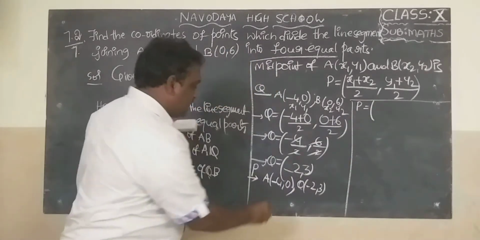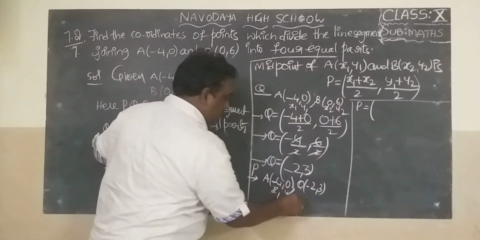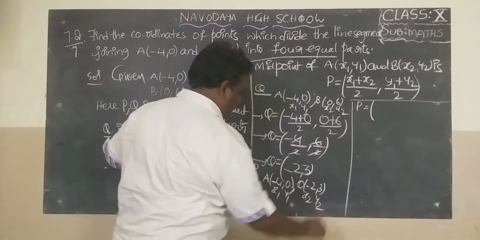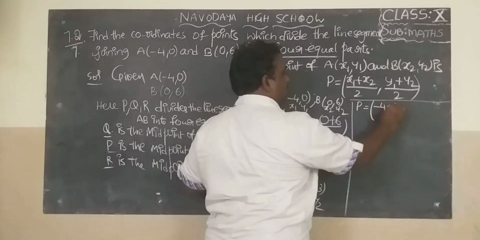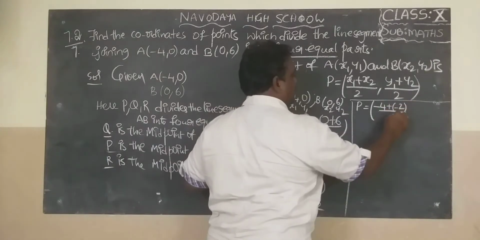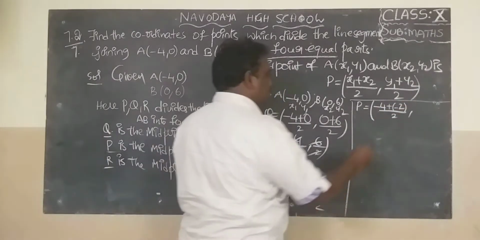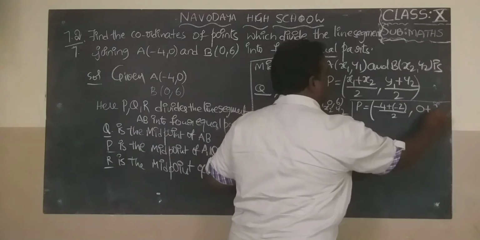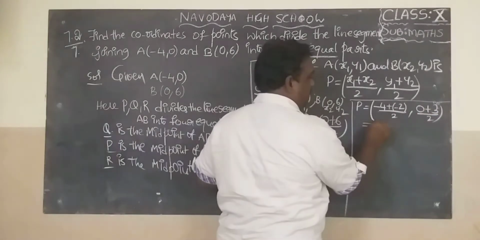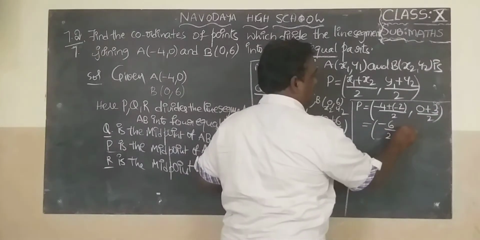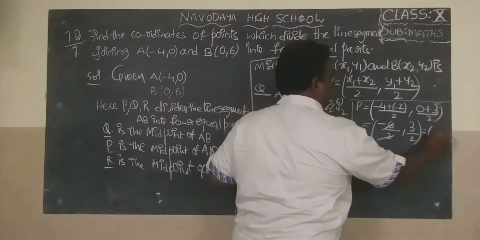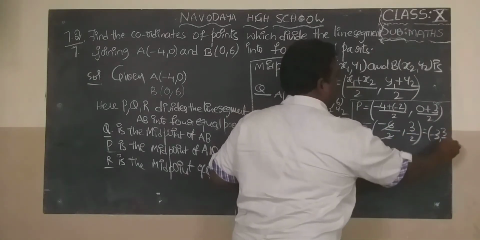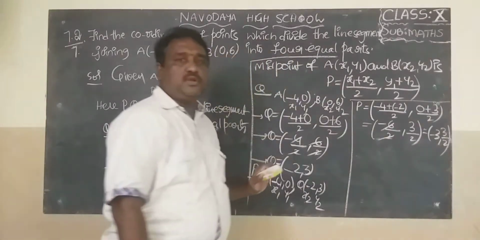This is x1 y1, this is x2 y2. Minus 4 plus minus 2 by 2 comma 0 plus 3 by 2. What we get? Minus 6 by 2, 3 by 2. Cancellation: minus 3 comma 3 by 2. So that is P.